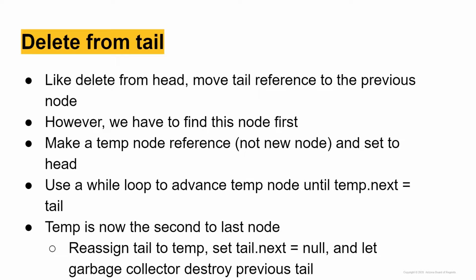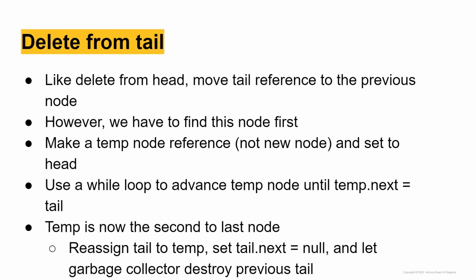And yes, that's what we're going to do. However, we don't know what that previous node is. Because all of our nodes point to next, they all know what is next in the list, but none of them know what comes just before them in the list. So we have to find this manually.